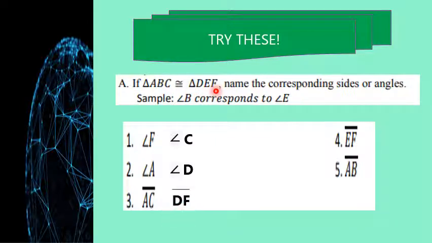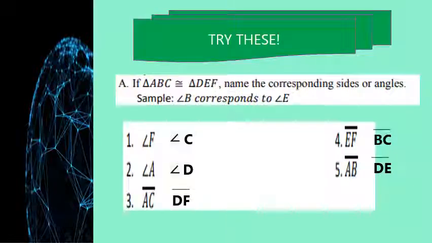The line segment EF corresponds to line segment BC. Then for number 5, last one, line segment AB, the corresponding side is line segment DE. Alright, so that's very easy. You just look at the statement of the congruent triangles, so we can be sure that the congruent sides or the angles are correct.